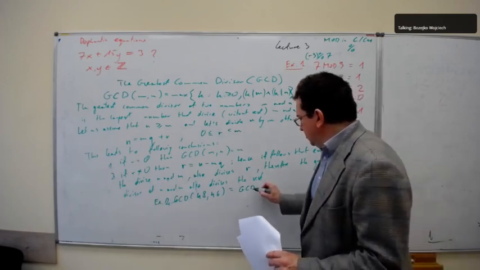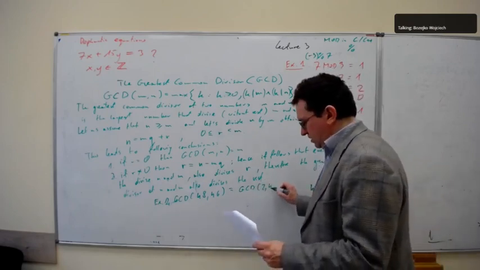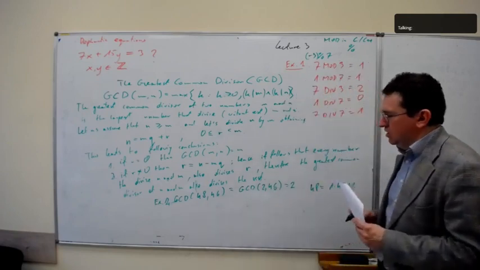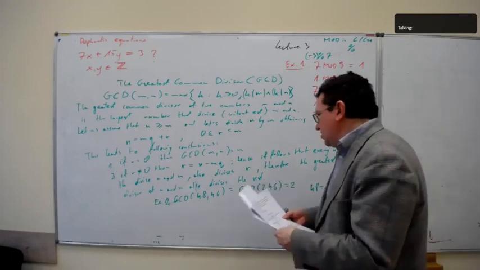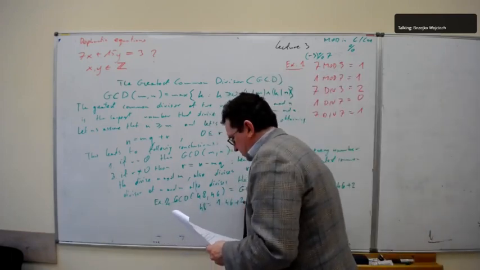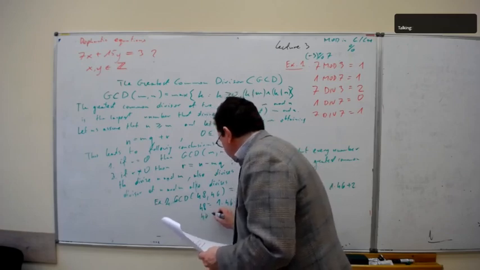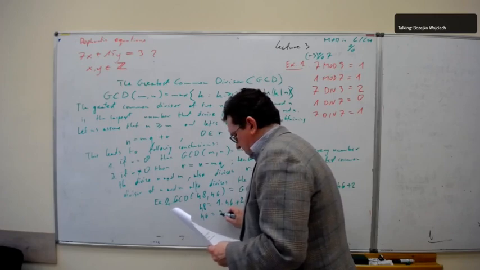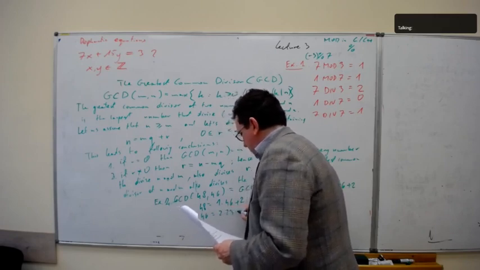So this is greatest common divisor of 2 and 46, and this will be 2. We can write even that 48 is 1 times 46 plus 2, and 46 is 2 times 23 plus 0.